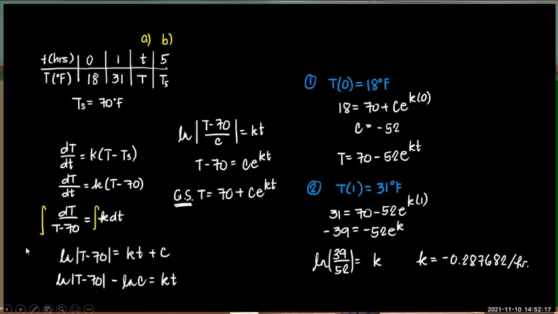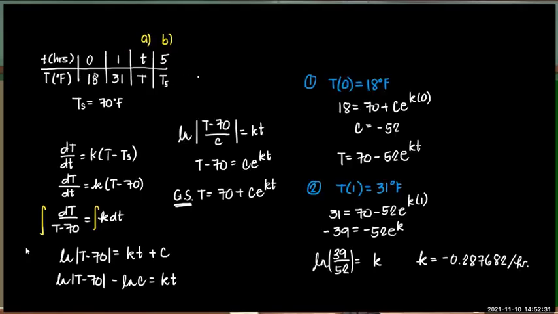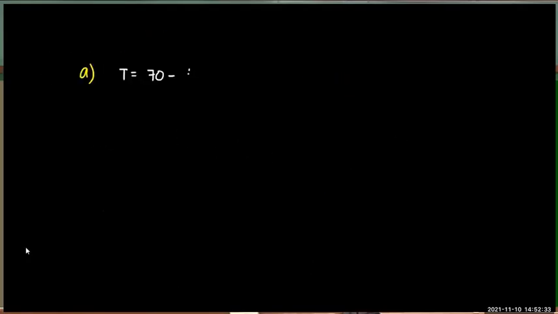Okay, so we're able to solve for letter A. The answer for letter A is T is equal to 70 minus 52 e to the negative 0.287682 t.